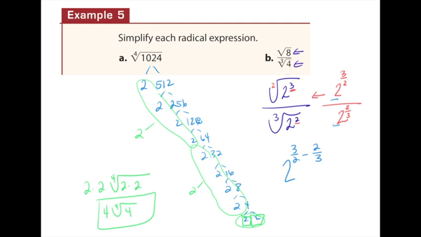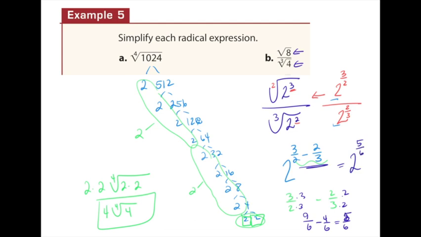Get a common denominator when I do this piece of it. 3/2 minus 2/3. My common denominator here is 6. So I have 9/6 minus 4/6. That is 5/6. So that's my new exponent, 2 to the 5/6.